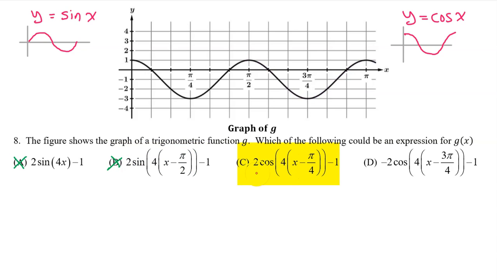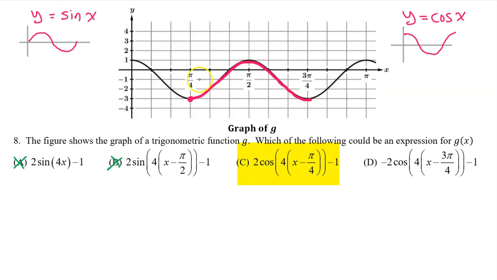Now focus on option C. Option C has a c value of negative pi over 4. That means a phase shift of positive pi over 4. So, therefore, one period of the function will start right here at positive pi over 4, and I'm going to trace one period of function g starting at pi over 4 and see if we have a match. This does look like a cosine function.